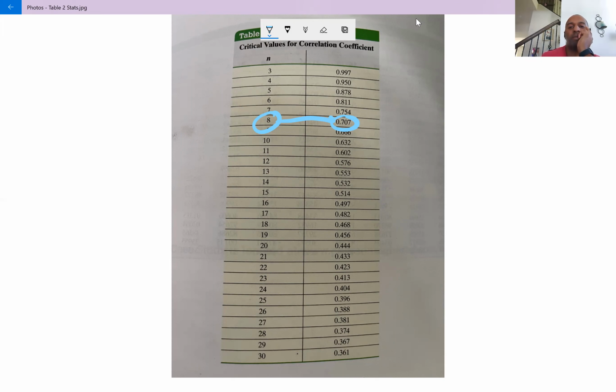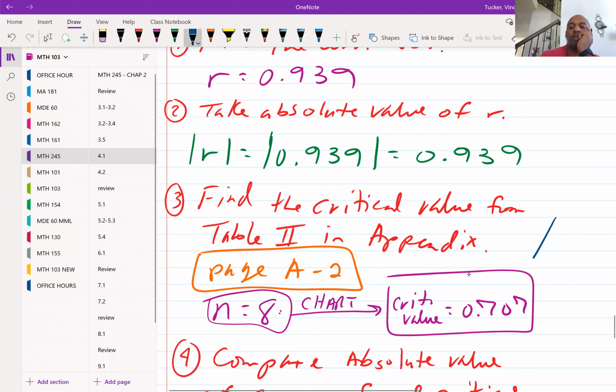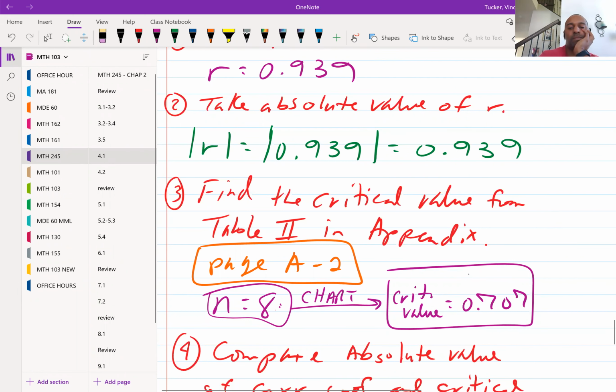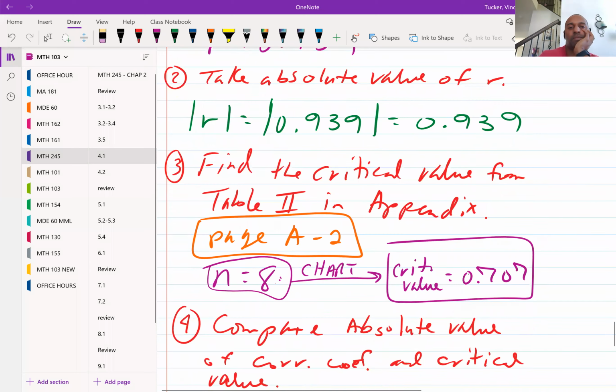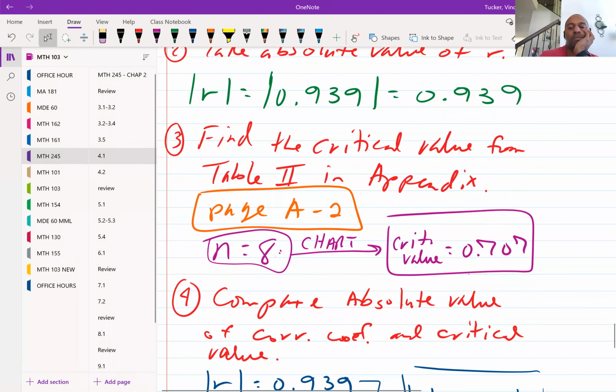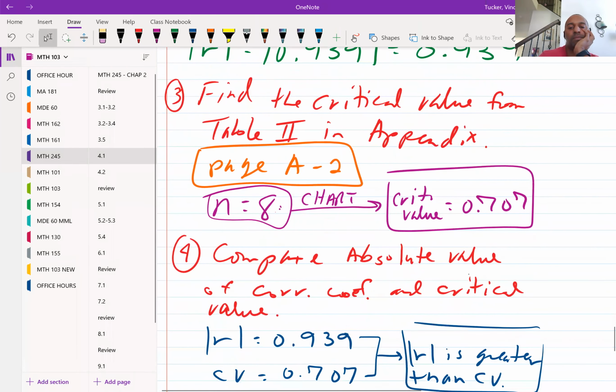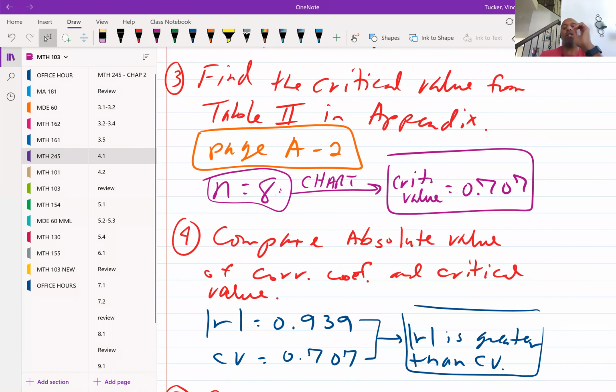Let's go back to our notes. So that's why I have 0.707. And now you want to compare the absolute value of the correlation coefficient to the critical value.